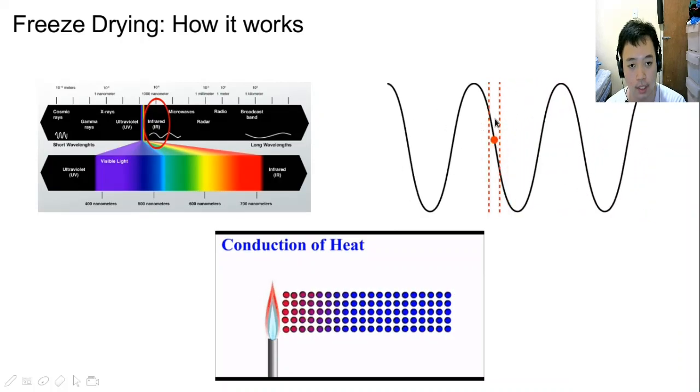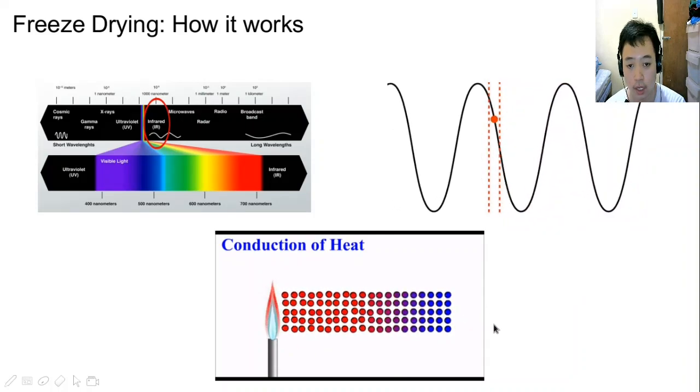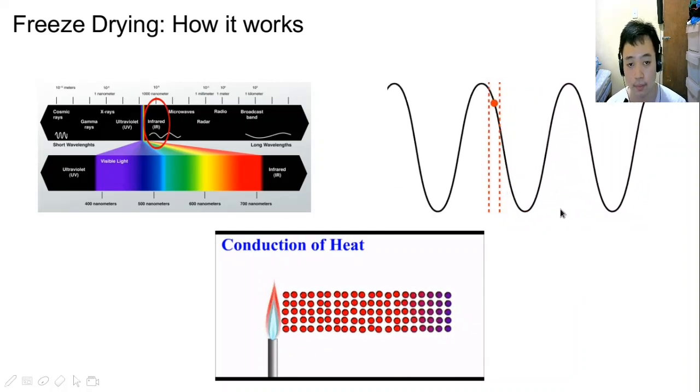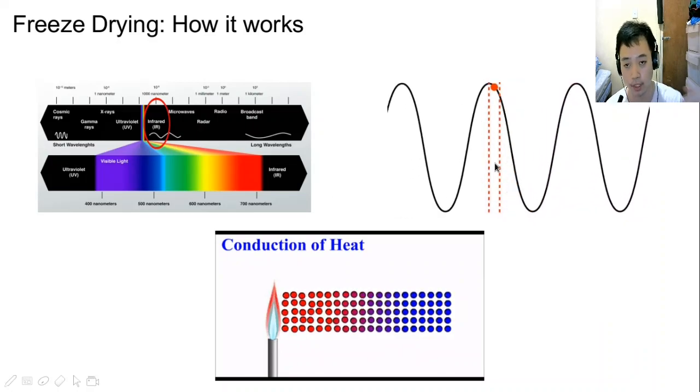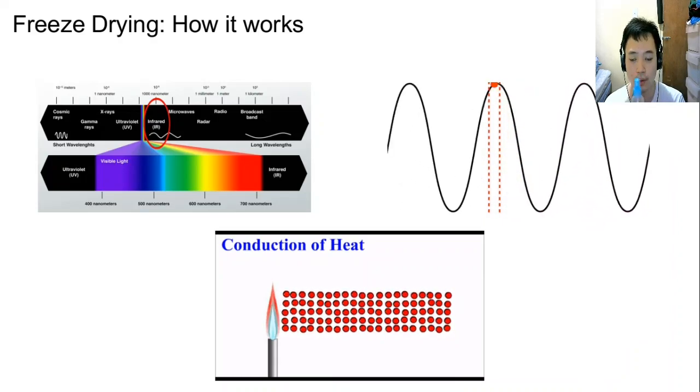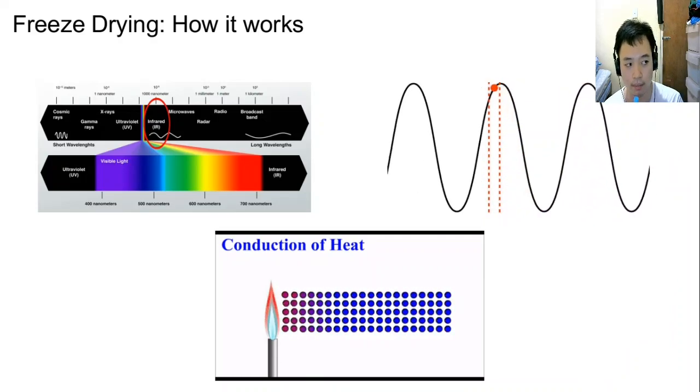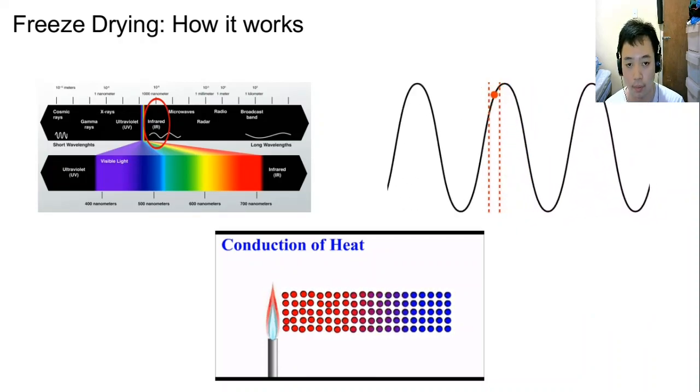Next one is the microwave, and the third one is conduction. Now, the best among the three choices is microwave because it can penetrate through the object. It doesn't just heat up the outside and keep the inside cold.